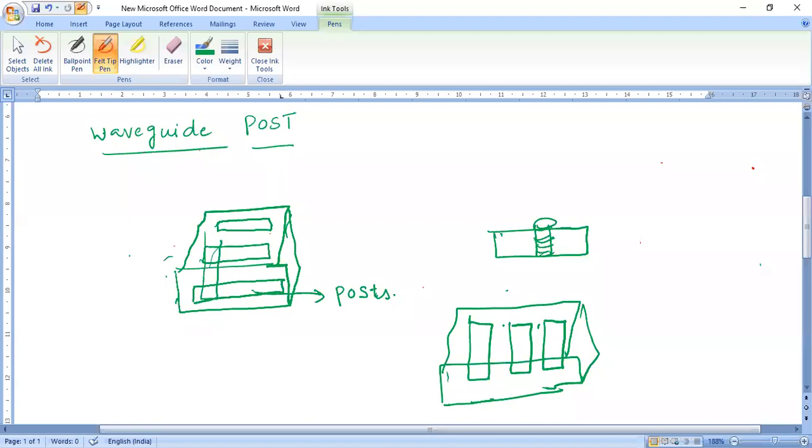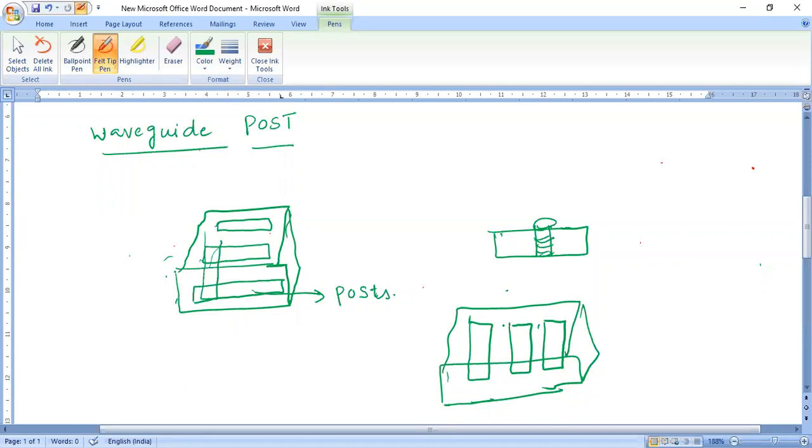What is the difference between waveguide tuning screws and a waveguide post? Understood the difference? In tuning screws, what are we going to use? A metallic threaded rod is placed by making a slot inside the waveguide.